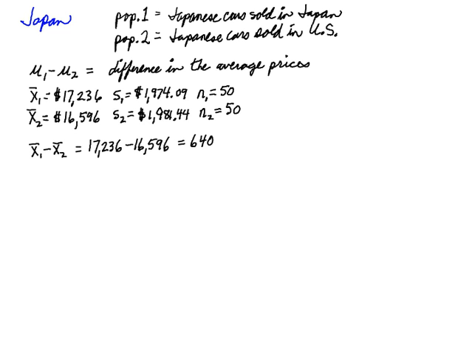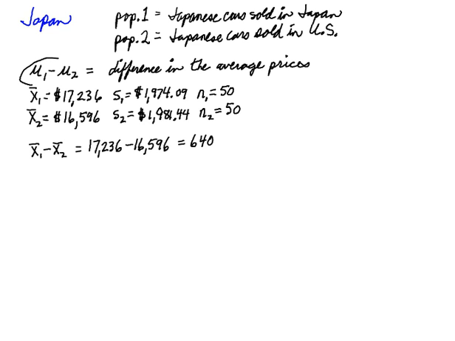But we cannot say right now that Japanese are doing this. This is just based on 50 cars taken out of each market. So we can't conclude from that what's happening with all the cars in each market. It's just sample evidence, if you will.